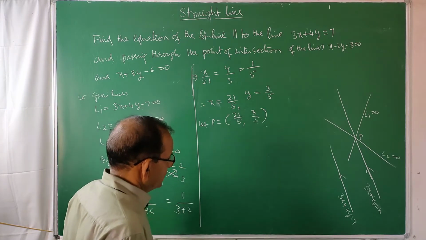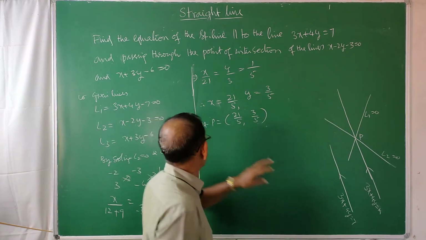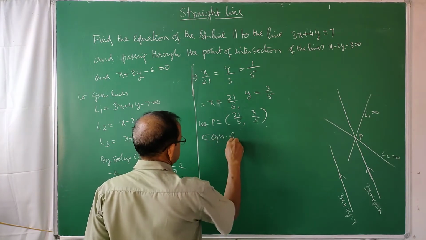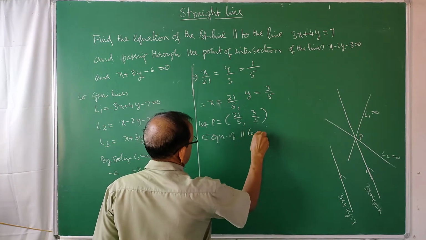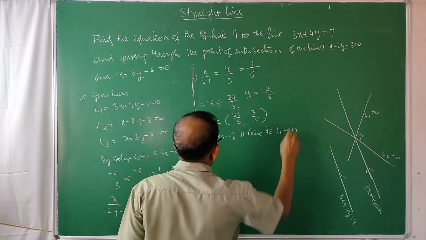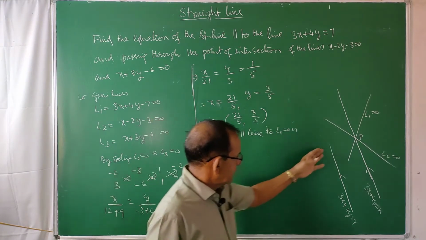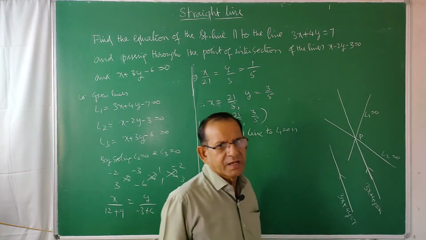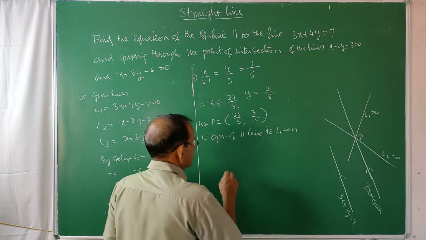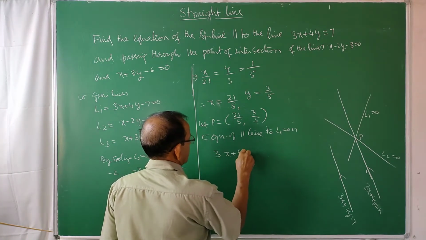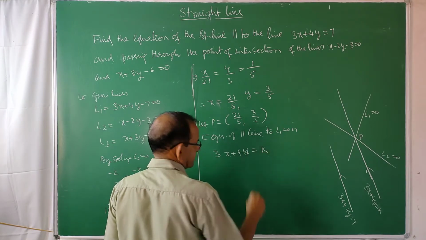Now we have to find out a parallel line to L1 is equal to 0. The equation of a parallel line to L1 is equal to 0: this is the given line, you have to find the parallel line. You only have to change the constant for a parallel line, not the other things. It is 3x plus 4y is equal to k, you can take.